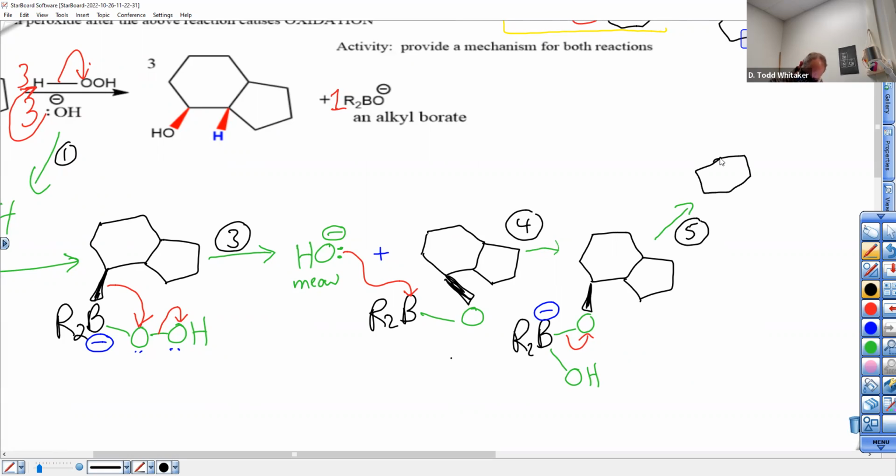Step 6 is the acid base. I did not draw that in the right spot. We've got O minus right here. It's green. And you've got R2, wow, B with an O. Draw that bond to H, please.